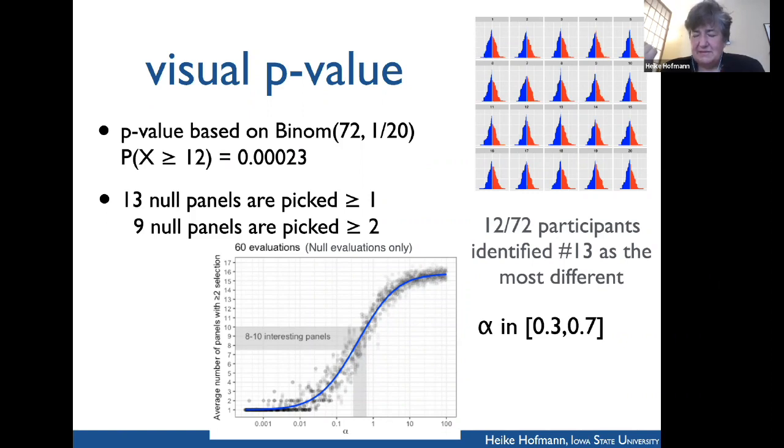So I'm getting to 60 evaluations because we had 72 evaluations. 12 of these evaluations picked the data plot, so that leaves us with 60 null evaluations. So out of those 60 null evaluations, there were 9 panels that were picked at least twice, which gives us an interval for alpha somewhere between 0.3 and 0.7.